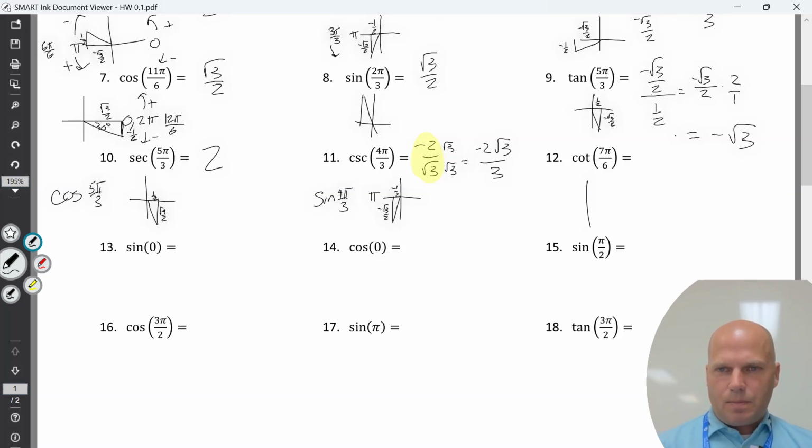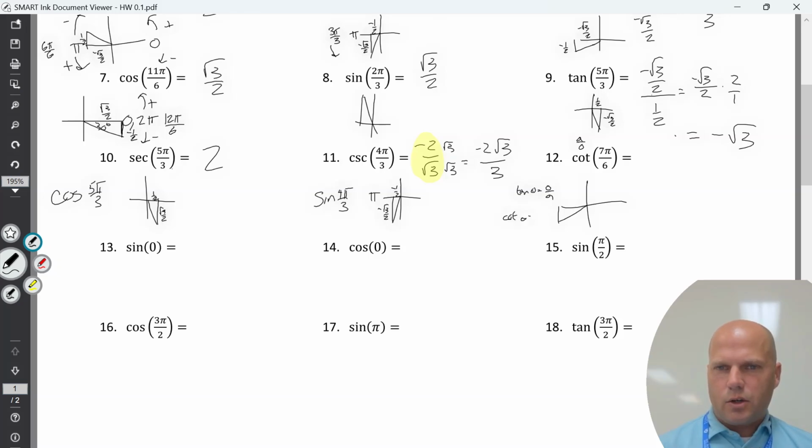Okay, cotangent is the reciprocal of tangent. I don't think about tangent and then flip it. I think about tangent being opposite over adjacent, so cotangent is the adjacent over the opposite. I think that's a little bit easier to do with cotangent versus finding the tangent then flipping it, if that makes sense. So tangent, I'll say that again, tangent of an angle is opposite over adjacent.